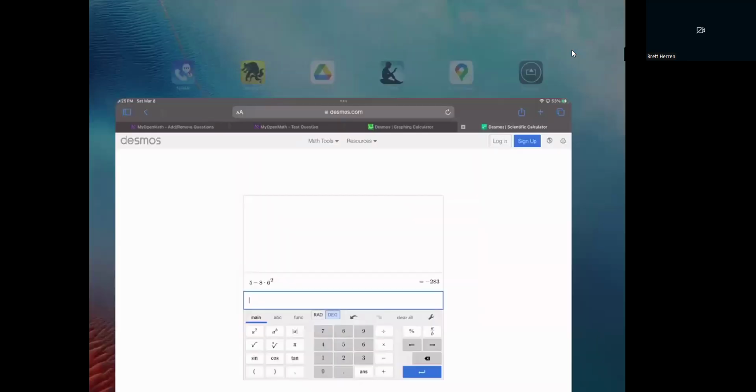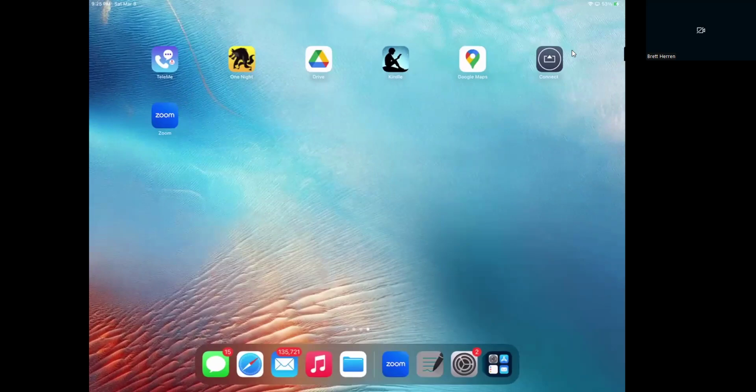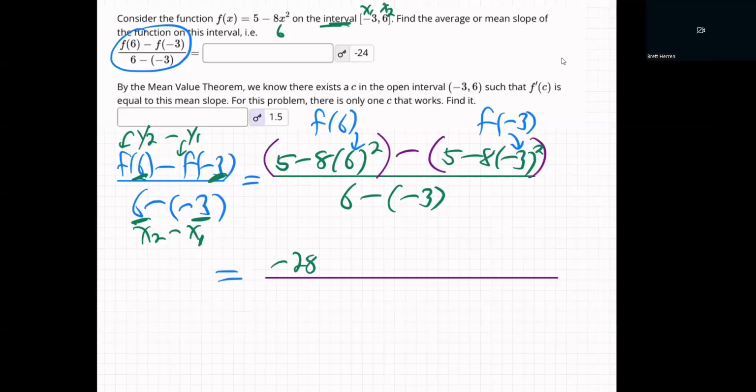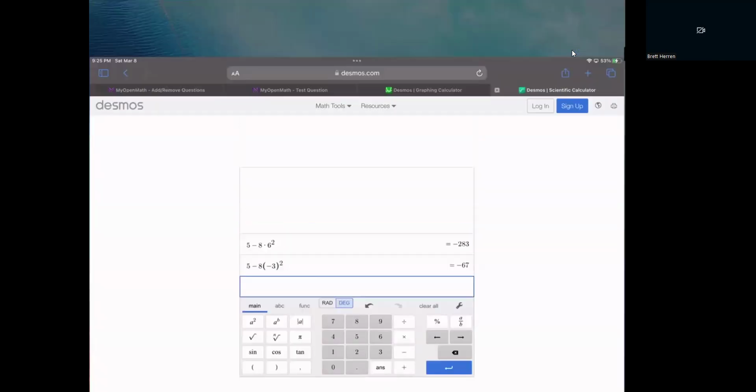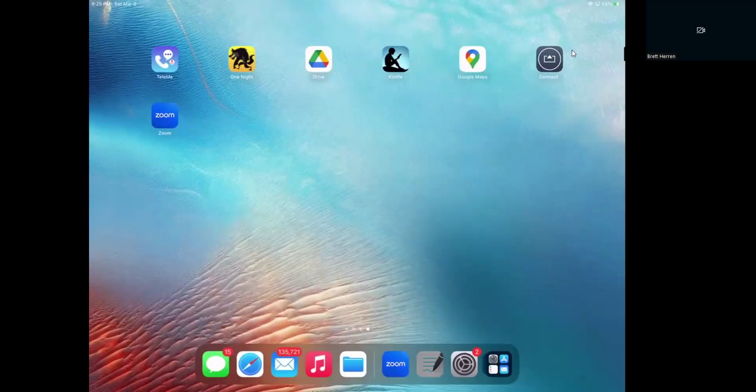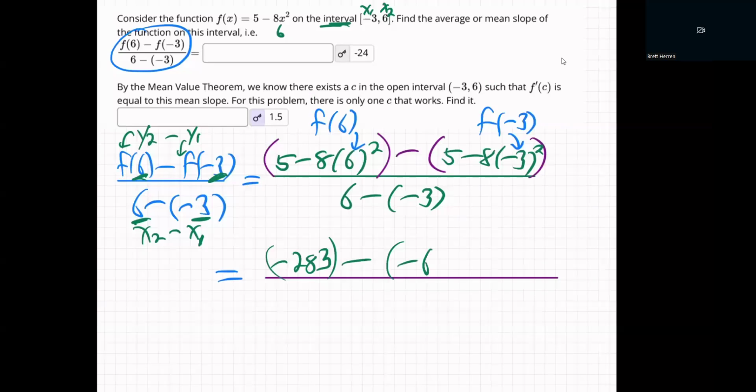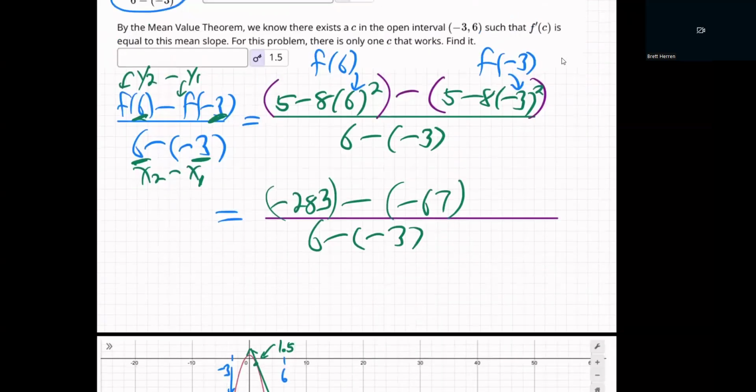I'm getting minus 283. Minus, the 5 minus 8 times minus 3 squared. I get minus 67. Over 6 minus negative 3.